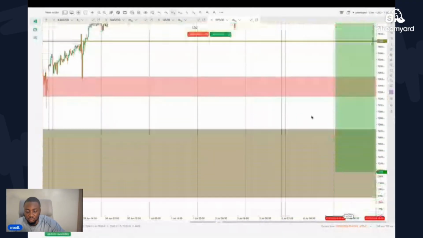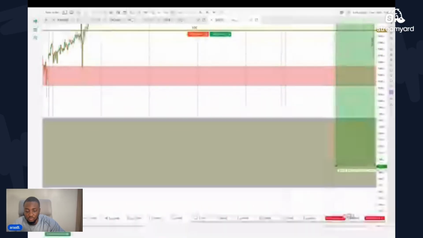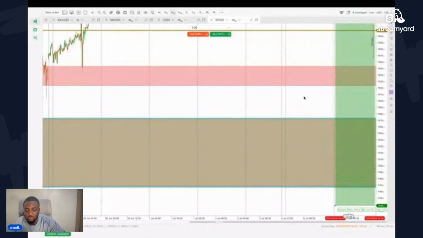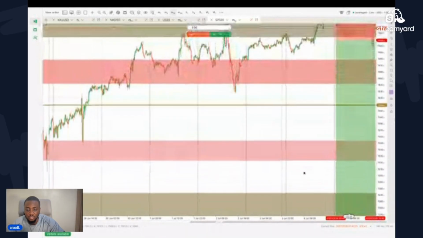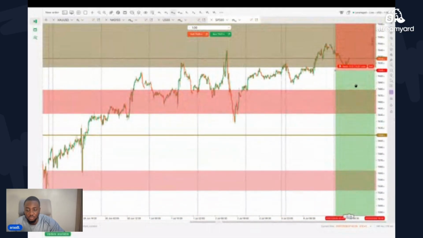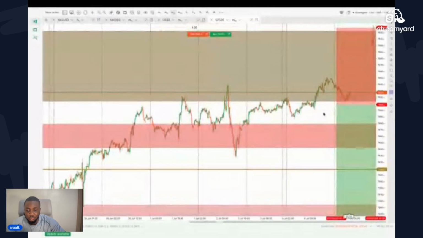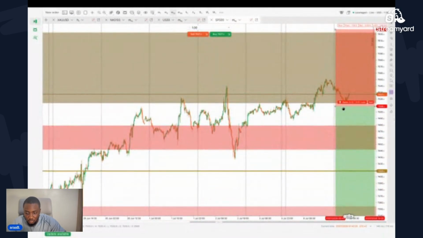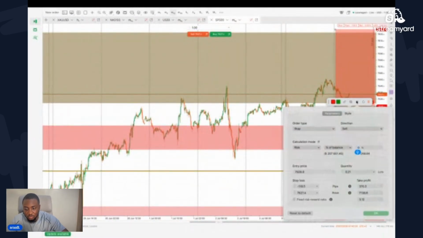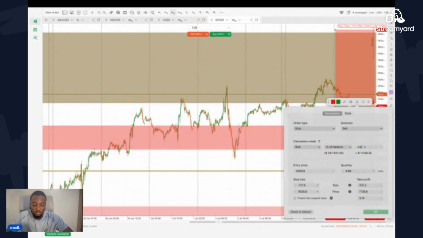So this is looking like it will never happen, but I'm not waiting for it to happen naturally. I want to just have like a ratio 1 or ratio 2, I'm okay. Or even a ratio 0.5, I'm okay. So I'm risking 0.5% of my account size as usual on this trade.